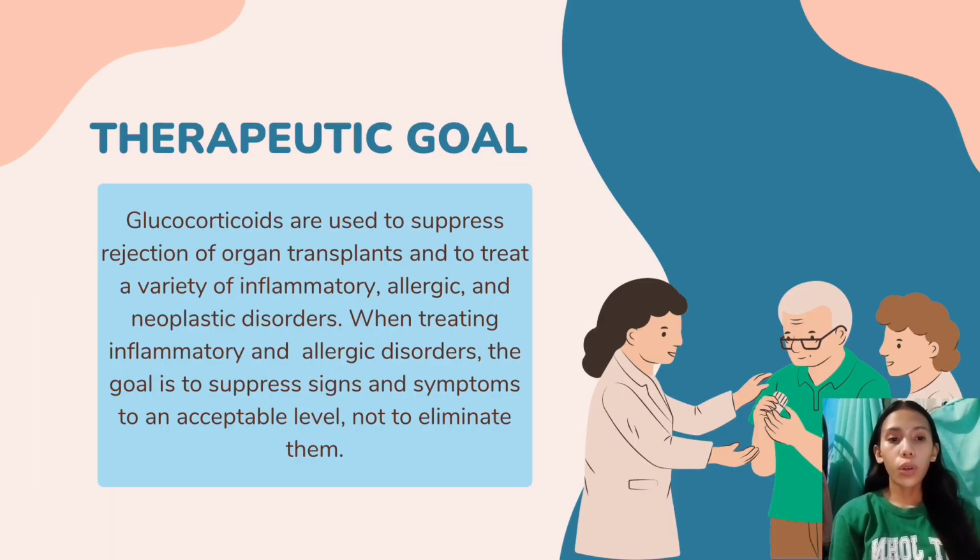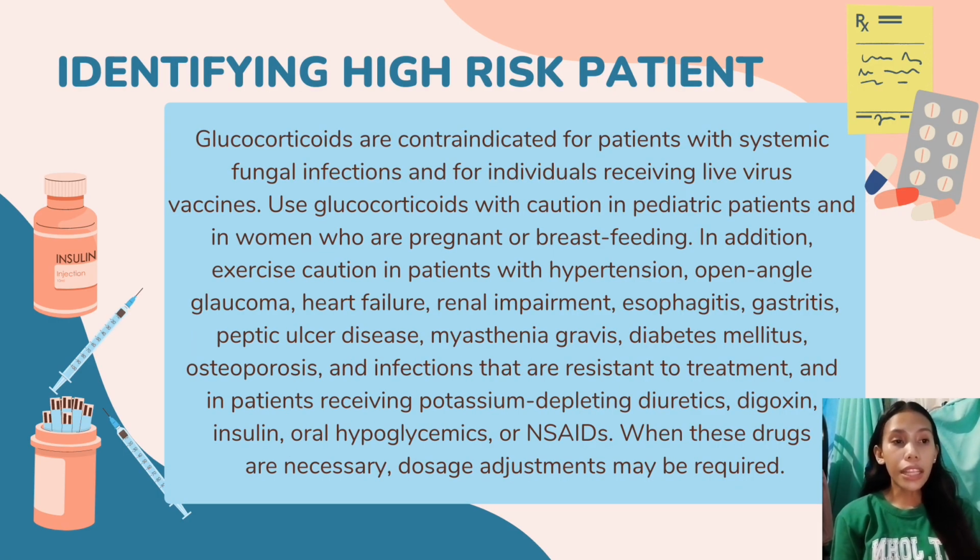Therapeutic goal: glucocorticoids are used to suppress rejection of organ transplants and to treat a variety of inflammatory, allergic, and neoplastic disorders. When treating inflammatory and allergic disorders, the goal is to suppress signs and symptoms to an acceptable level, not to eliminate them.